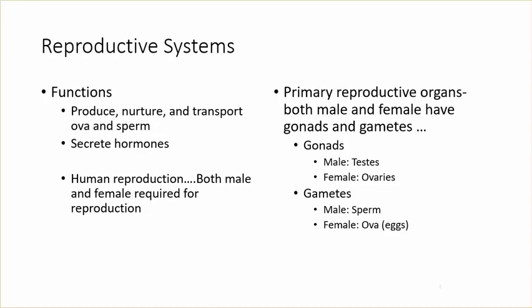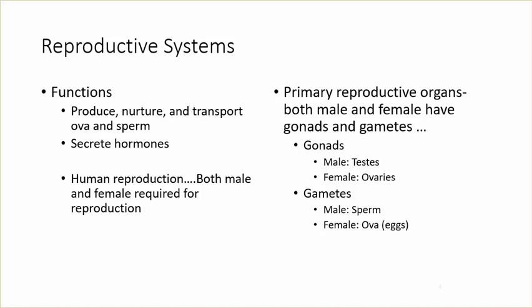Okay, so the primary function of the reproductive system in both sexes is to produce gametes. And gametes are the special cells that are haploid. Instead of having 46 chromosomes, they have 23. They have half of each pair of chromosomes. And that's why they're called haploid.